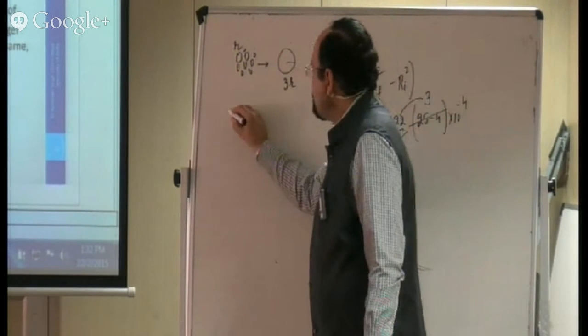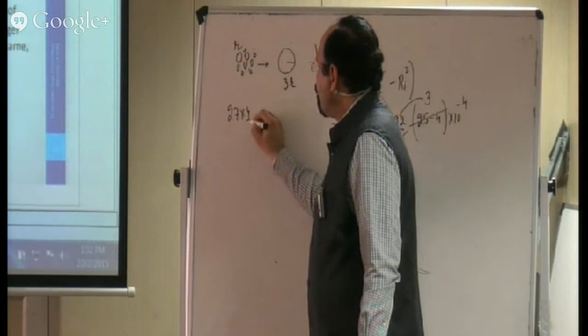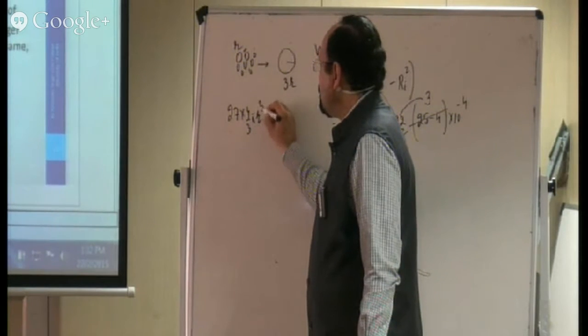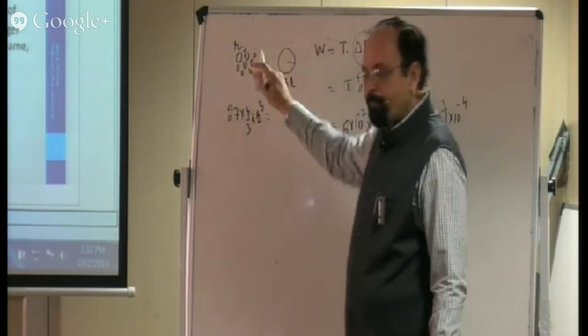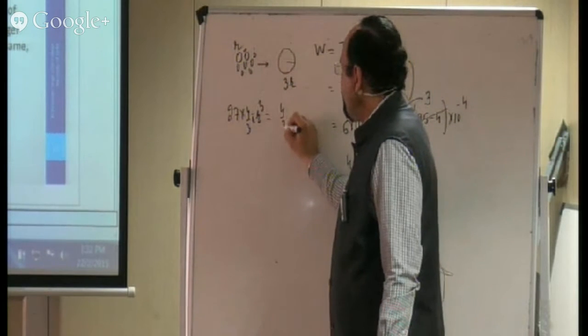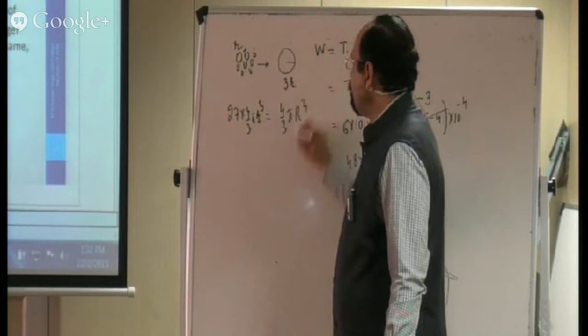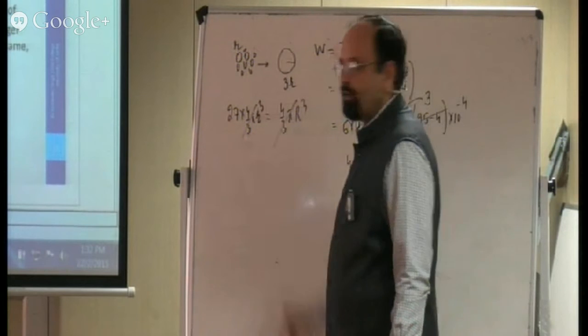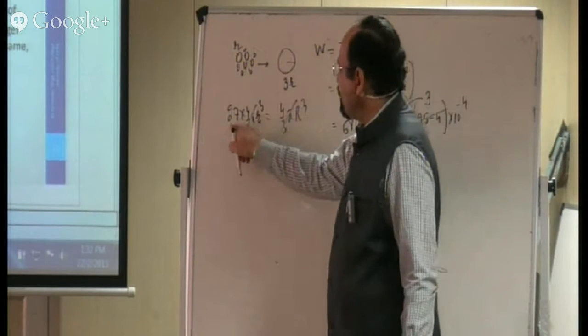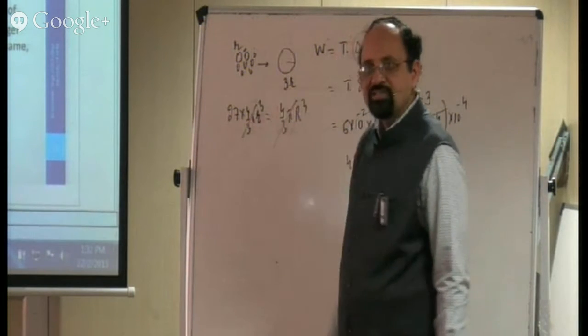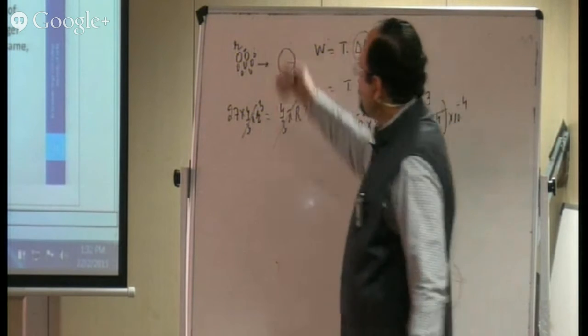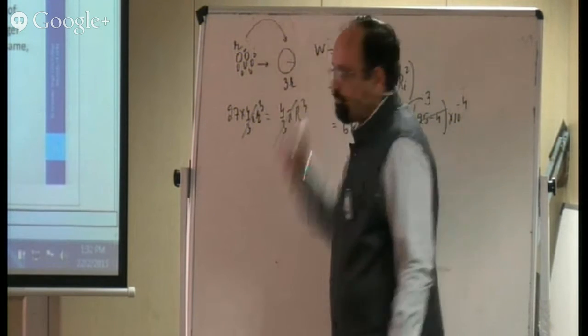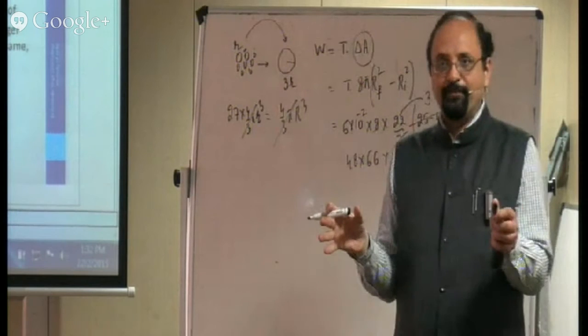Look at this: 27 times 4 by 3 pi r cube. That is the total volume. When they combine together, they have 4 by 3 pi capital R cube. If I simplify and take the cube root, I get this value as 3 of R. You have to think this faster.